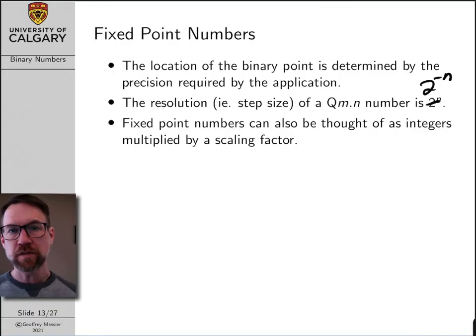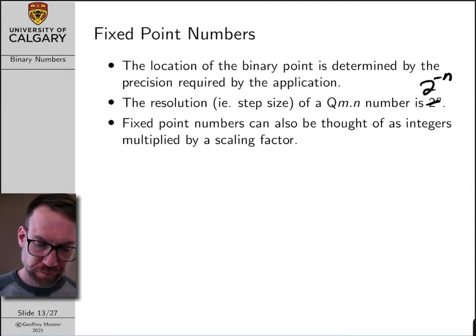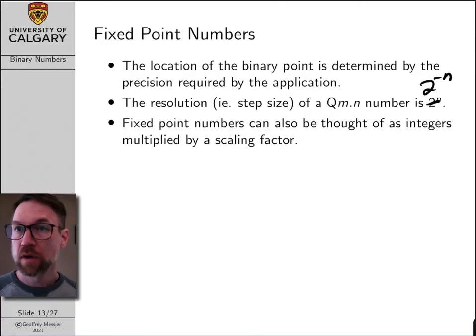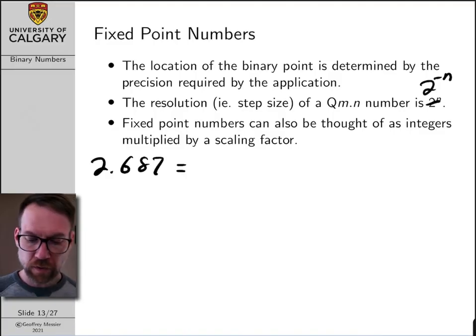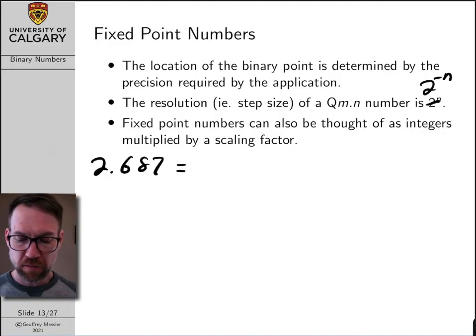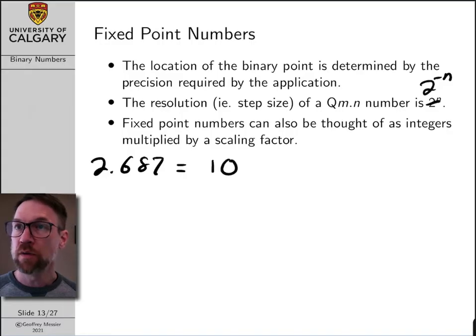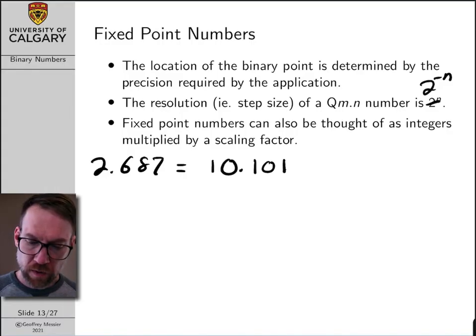So this concept of the scaling factor can be extended to fixed point numbers as well. In our previous example, we saw that the number 2.687 was equivalent to the Q2.5 number 10.10110.